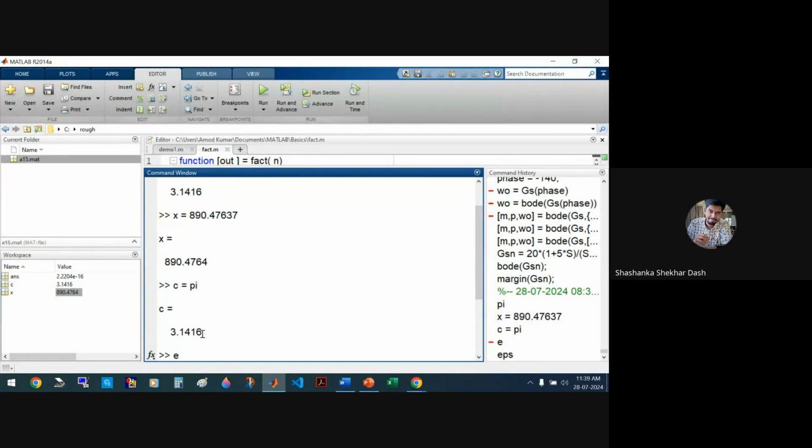So even if we have already declared it as a double precision, it will still show only 4 digits after decimal. Yes, because that is the limitation of our display. Our display is basically an 8-bit display. Whatever is being displayed on your monitor is 8-bit.